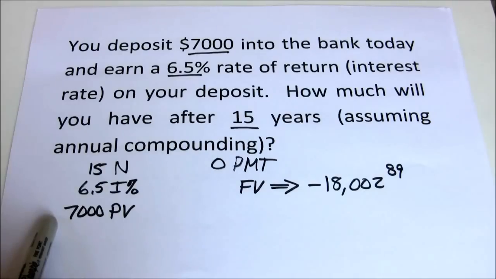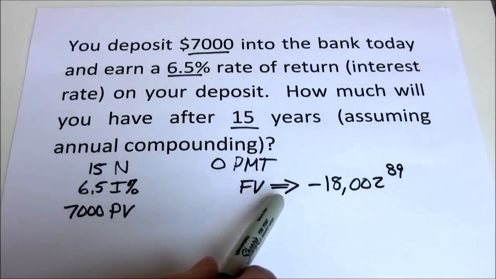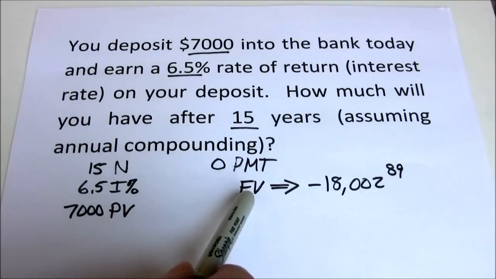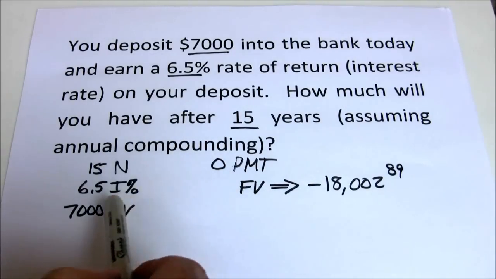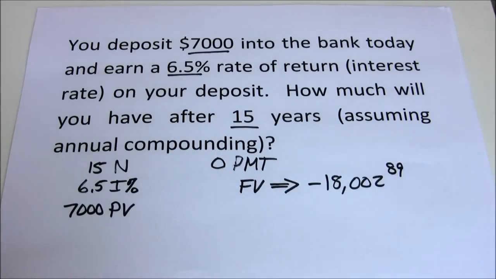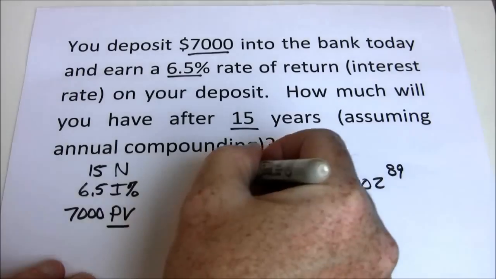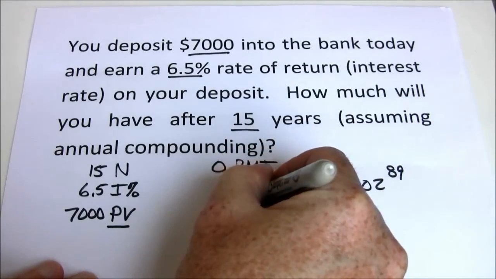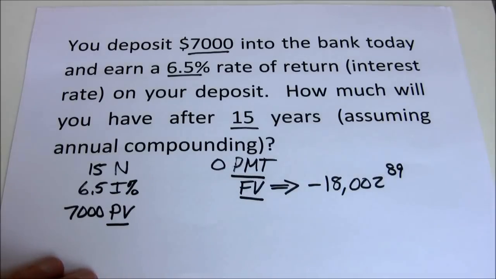The individual gave up $7,000, so that would have to be negative, and then your answer here would be positive. Now, positives and negatives don't really matter that much if we have only one non-zero input for our cash flows. Cash flows in the 5 key approach are the present value, the payment, and the future value.